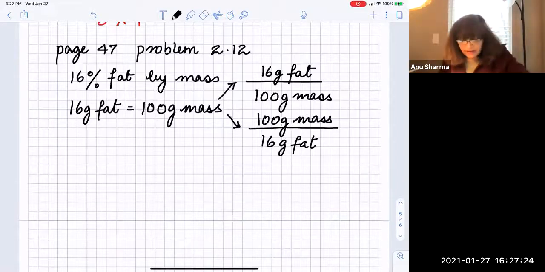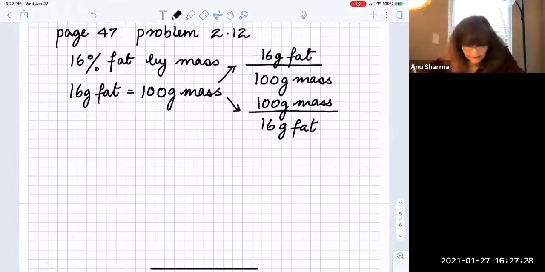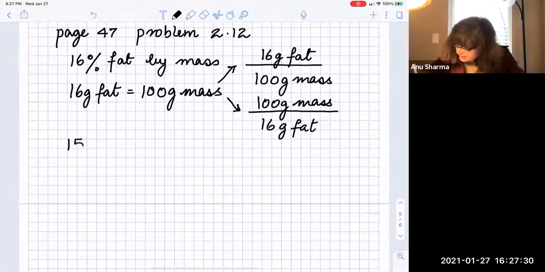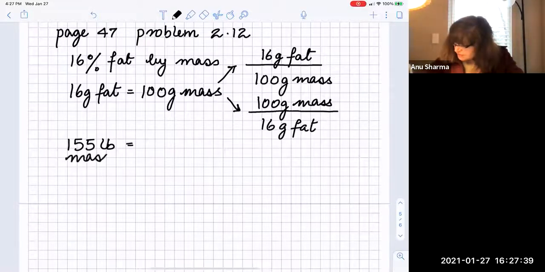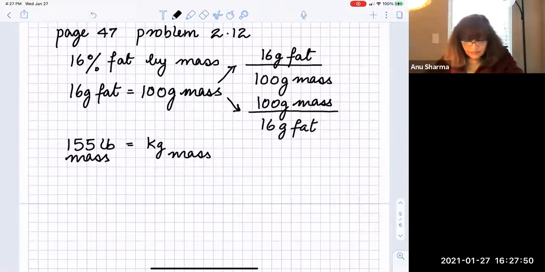Now next, if this person weighs 155 pounds, what mass in kilograms? This is the weight of this person. What is the mass in kilograms of body fat?